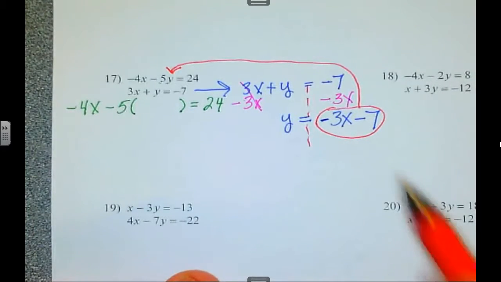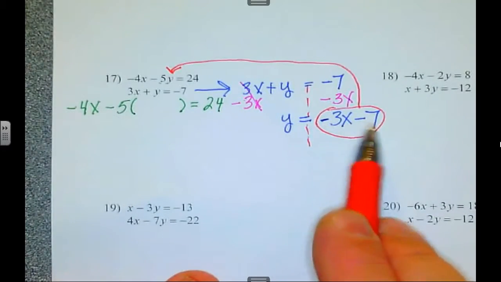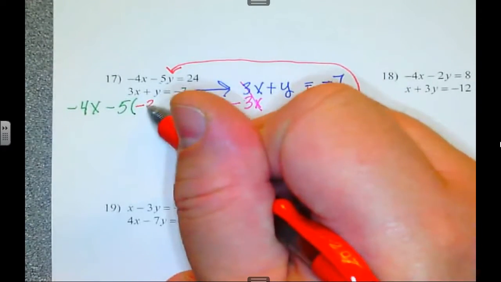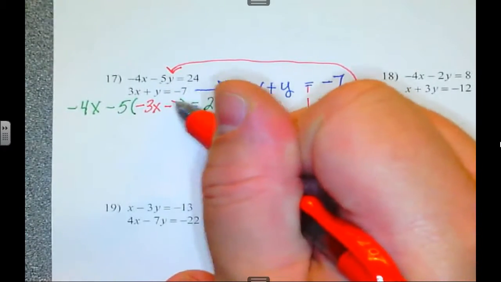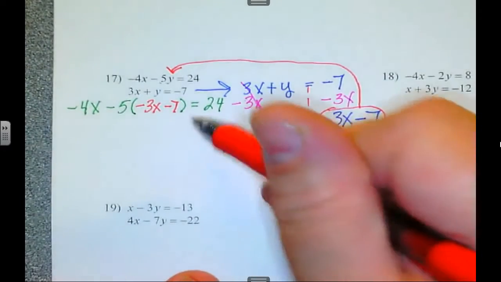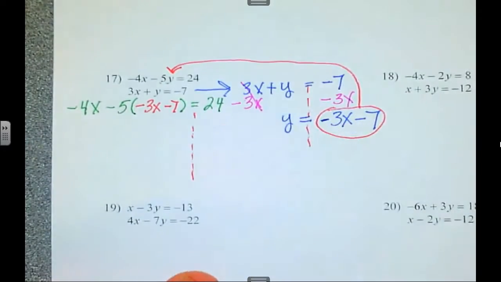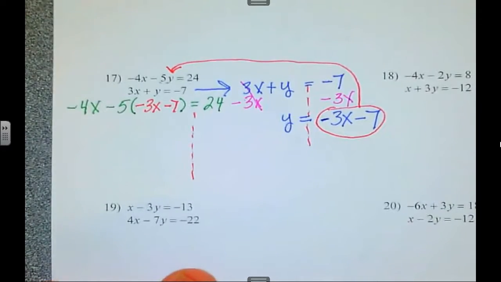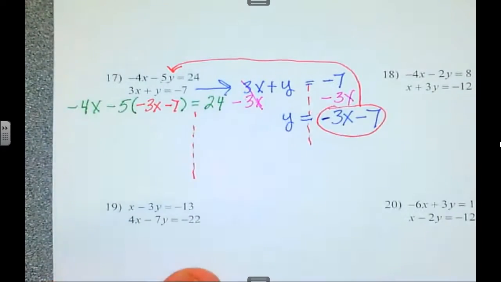My y was negative 3x minus 7. Okay, now I've got some figuring to do. Negative 4x, nothing's happening to it. I'm going to bring it down.